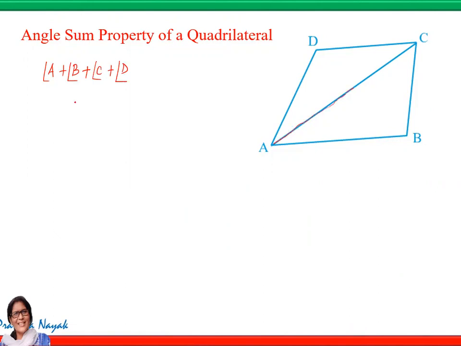Then instead of A, I am writing there are two angles, 1 and 2, and B angle I am naming as 3, C angle naming as 4, and 5. 4 and 5 make you C, and D angle I am naming as 6.